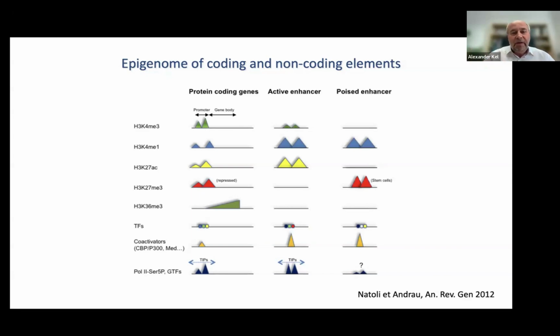Then after several experimental steps to clean up this complex and get out the DNA fragments where those transcription factors are bound, and sequencing those fragments, you can understand where the transcription factors are bound to DNA in different situations of the cell, in different types of cells, in different interactions of the cells with other cells, and all kinds of conditions. But for that, you have to know which transcription factor you are interested in. You have to have an antibody to that transcription factor, and then you know where it binds.